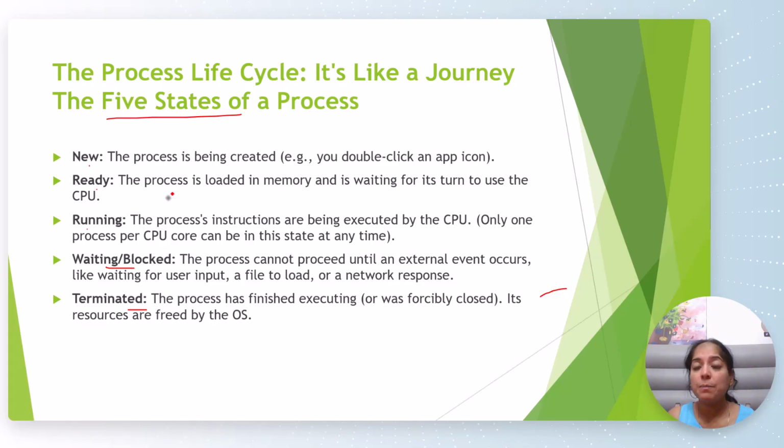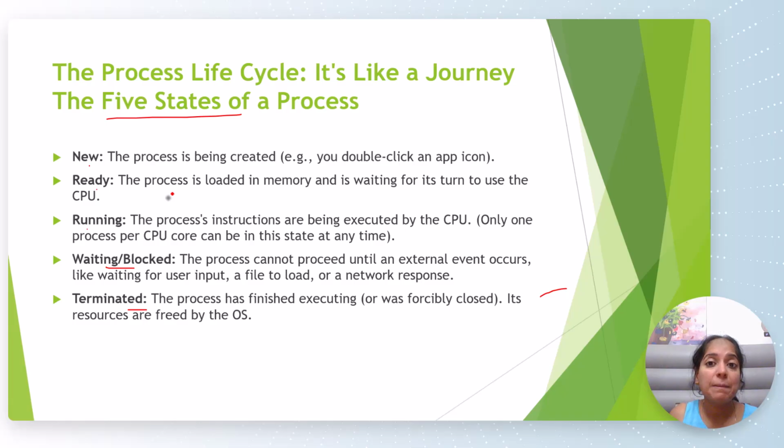Now, suppose while running, the process requires some external input, like user input for execution, or it may need to read data from some file. For example, you are writing a code to add two numbers input by the user. When the program is running, it will wait for you to input two numbers.